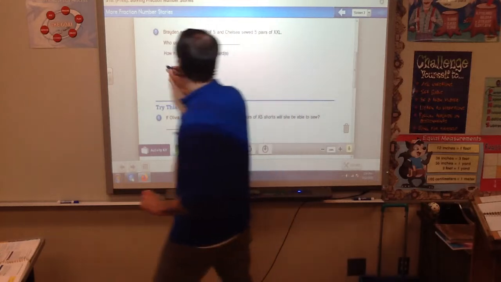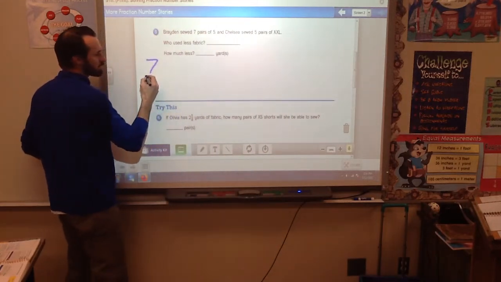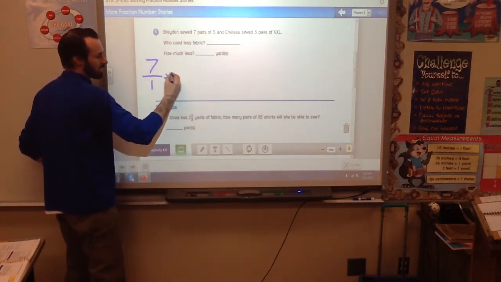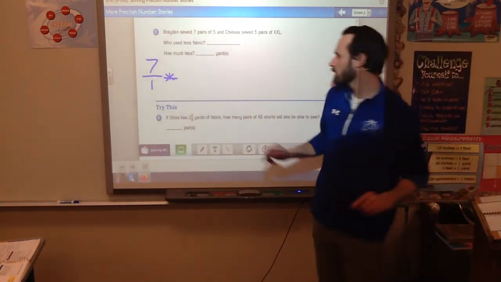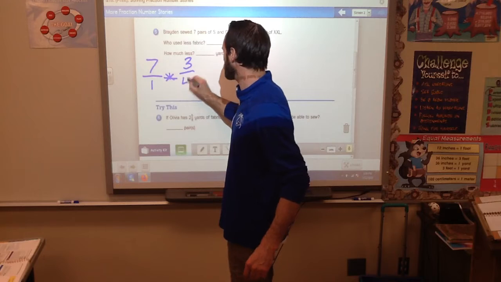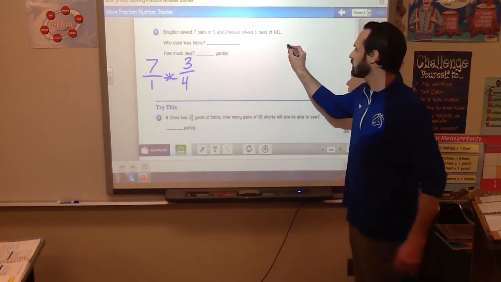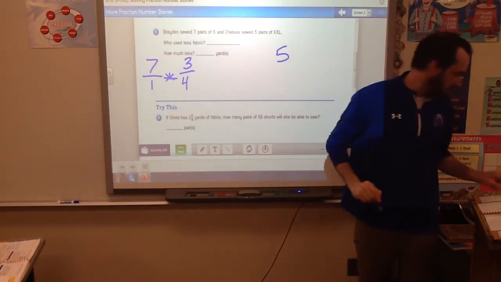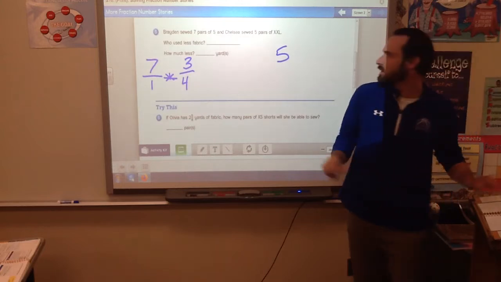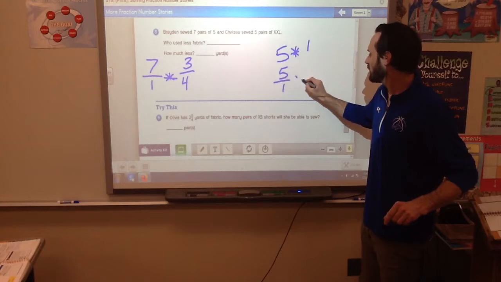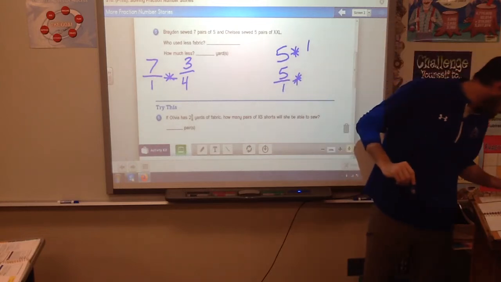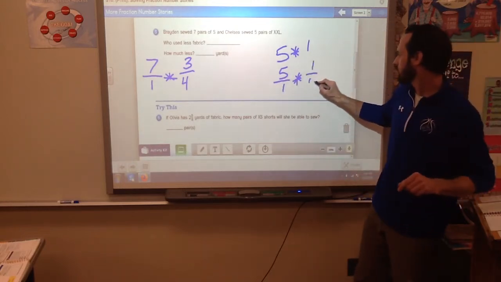Braden sewed 7 small, and it's going to be small, so I know that it's going to be a fraction. 7 over 1, and smalls were 3/4. Chelsea sewed 5 pairs of XXL, so we're going to have 2 problems here. 5 times 1, and the fractional 5 over 1 times 1/4.